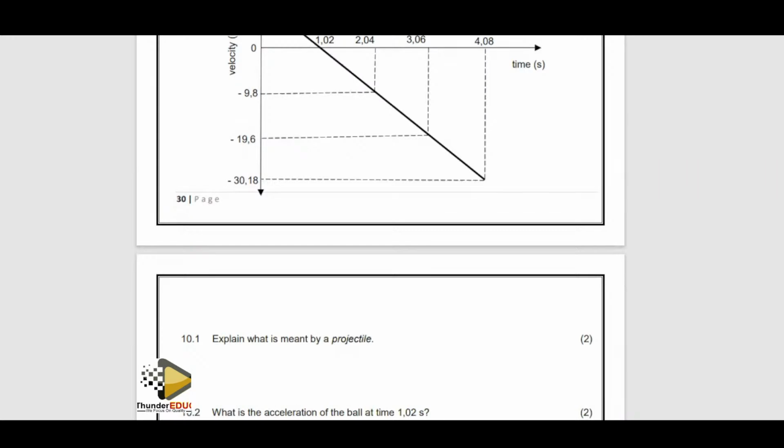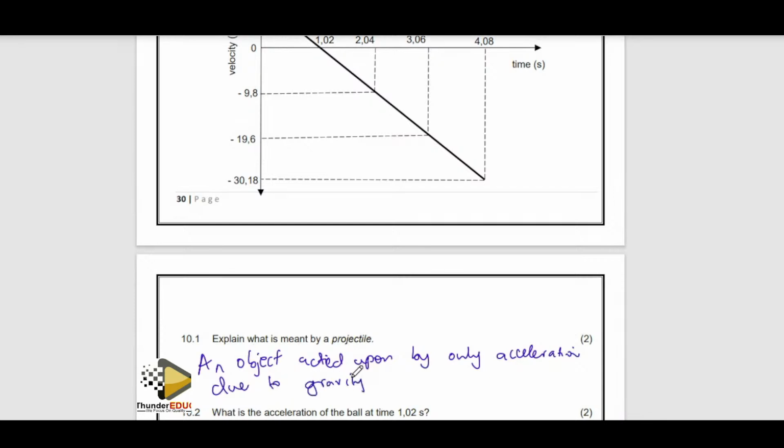You said a projectile was any body that was under the influence of acceleration due to gravity. So a body, or we can say an object, that is acted upon by only acceleration due to gravity. That's the only force.